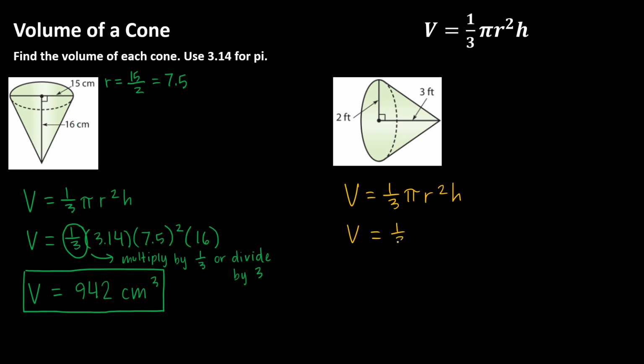So 1/3 times 3.14 times the radius 2 squared times the height of 3. And so when I multiply all of these together, usually I will multiply these numbers first and then divide by 3. Or you can just multiply by the fraction 1/3. But either way, the volume is going to be 12.56 cubic feet.